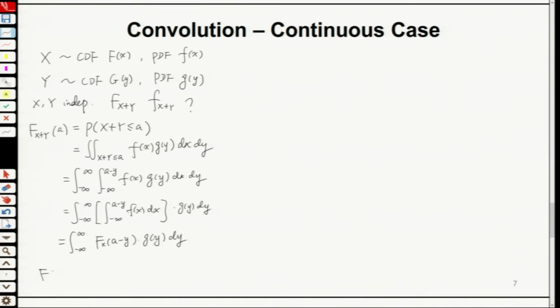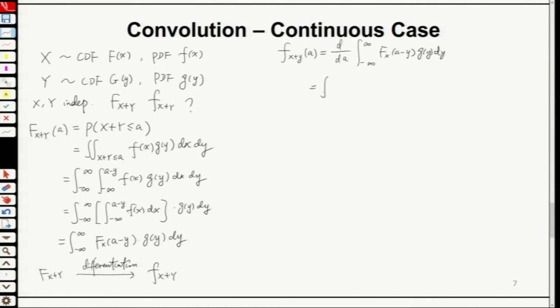Now we got this CDF function. What we need to do is differentiate it, then we will be able to get the PDF function. So what will be the PDF function? It equals d over da of the integral from minus infinity to infinity of F(a minus y) g(y) dy.